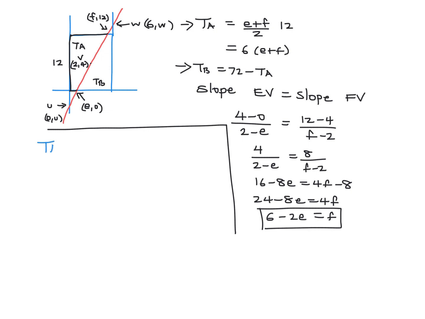So it's TA over TB. I actually don't know if it's TA over TB or TB over TA, but let's just do this one first, 5 over 3. And that's going to be, so TA is your 6 times E plus F. And then your TB is 72 minus that. So 72 minus 6 times E plus F. Got it? Yeah.